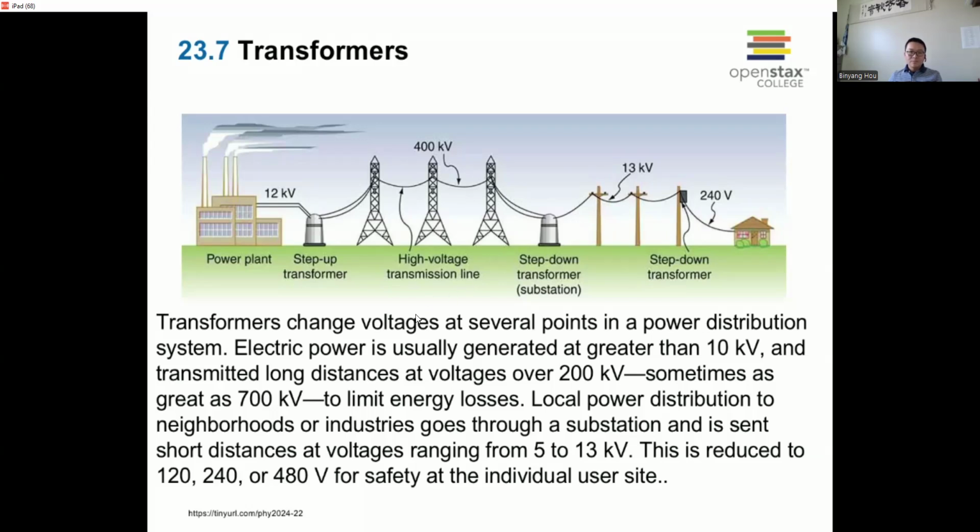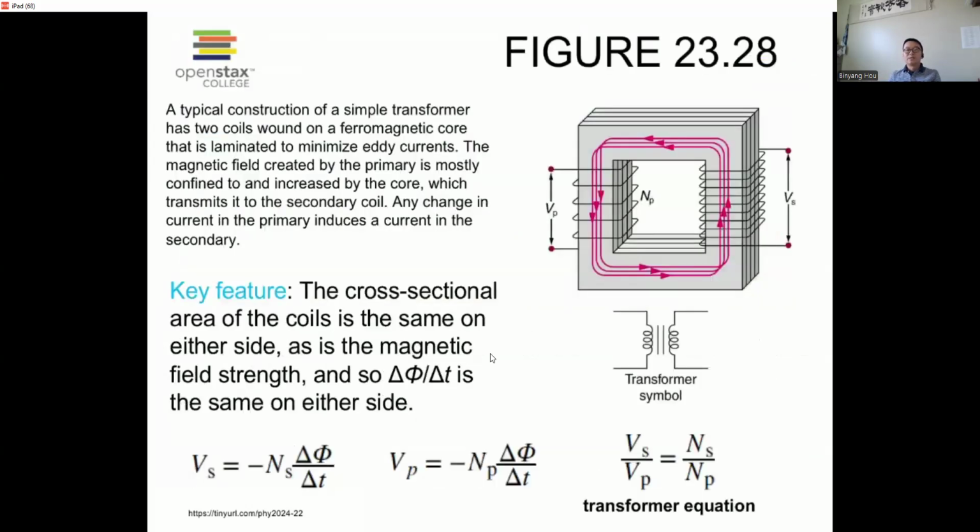All right. So the way a transformer is constructed is using coils, one coil on one side and another coil on the other side. The input side is called the primary coil, and the output side is the secondary coil.